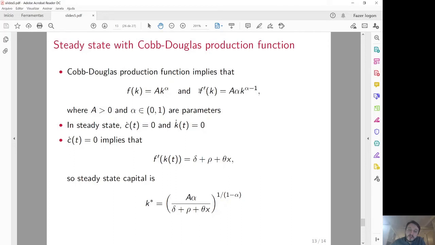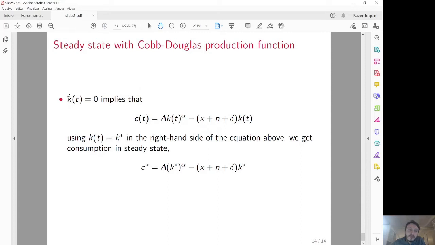Using the Cobb-Douglas production function here, we can isolate the capital, and we call it K star. So that's the capital that makes consumption growth equal to 0. So this will be the steady state capital. Notice that this is a function of A, alpha, delta, rho, theta, x, and alpha here again. So just a function of the parameters.